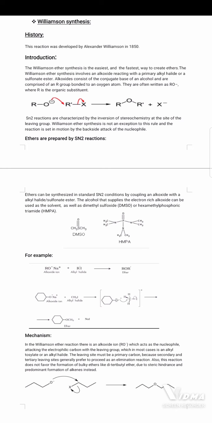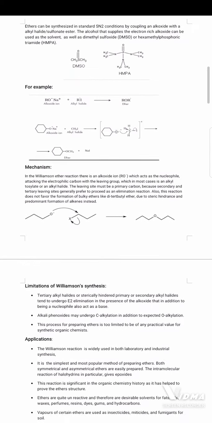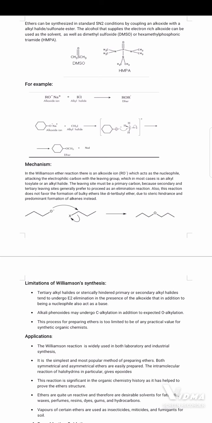The alcohol that supplies the electron-rich alkoxide can be used as a solvent, and other solvents are DMSO, which stands for dimethyl sulfoxide, and HMPA, hexamethylphosphoric triamide. For example, we can see here an alkoxide RO- A+, which with an alkyl halide R'X will give us ROR', which is the ether.